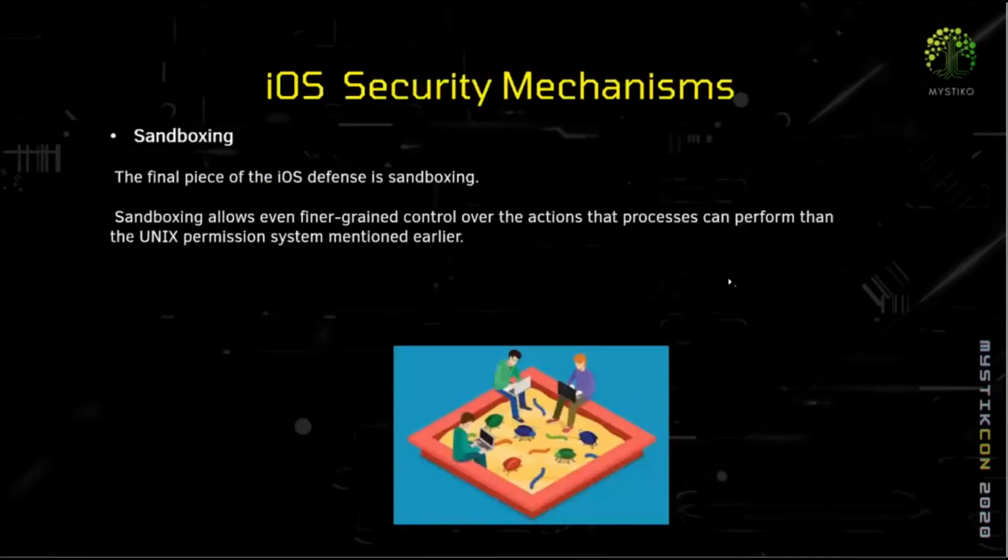And the final part will be sandboxing. This is the final piece of the iOS defense. It basically allows even finer-grained control over the actions that processes can perform, other than the Unix permission system mentioned earlier. For example, say there's an SMS application and a web browser that run on a single user's mobile. Since both of these perform very different actions, they cannot interfere with one another.